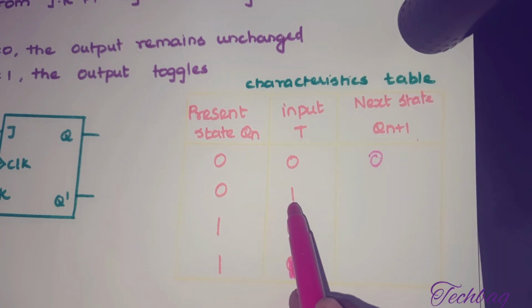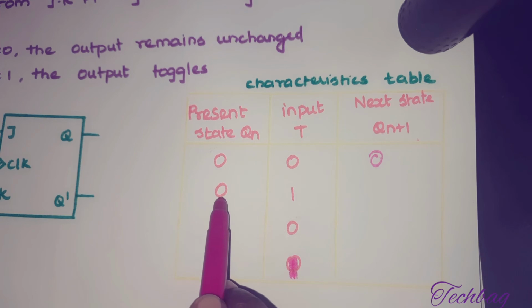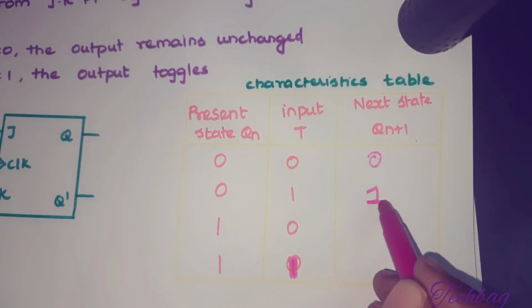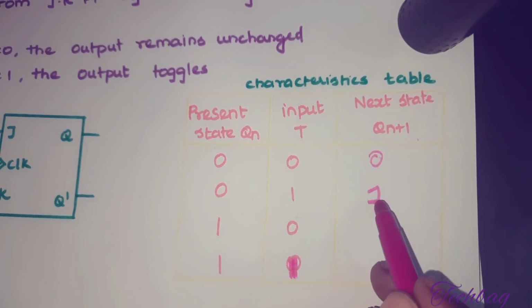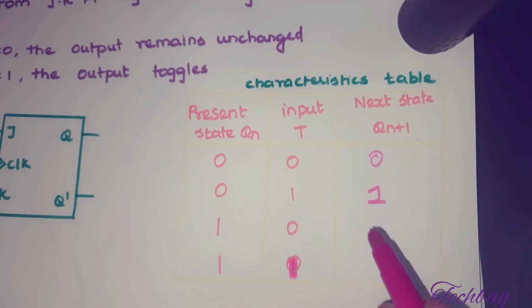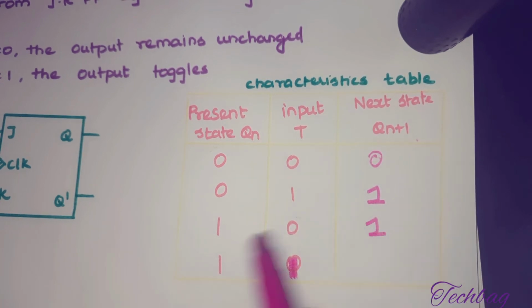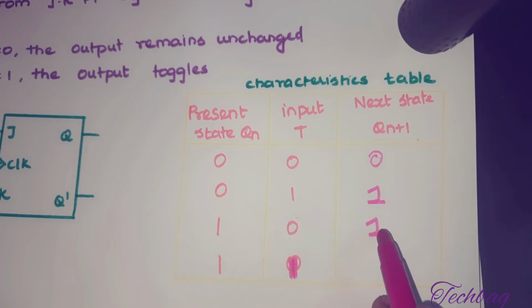Next one, T is equal to 1. T is 1, it will toggle the output. So 0, toggle means complementing. So you get 1. Next T is 0, it remains unchanged. So the output is 1. Here present state is 1. You get same value here. Next T is equal to 1, then it will toggle the output.